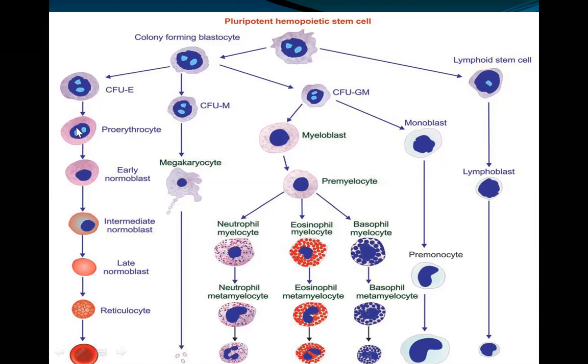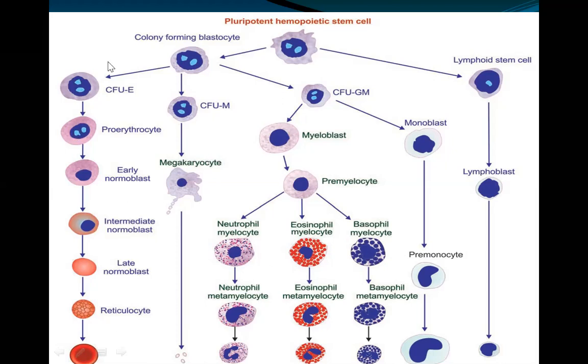You can see its shape is big and it contains the nucleus. Then the proerythrocyte will differentiate into the early normoblast, and you can see the size has decreased. Then the intermediate normoblast, which has started being red because of hemoglobin. Then the late normoblast, where the nucleus is not there anymore. Then the reticulocyte, then the red cell.